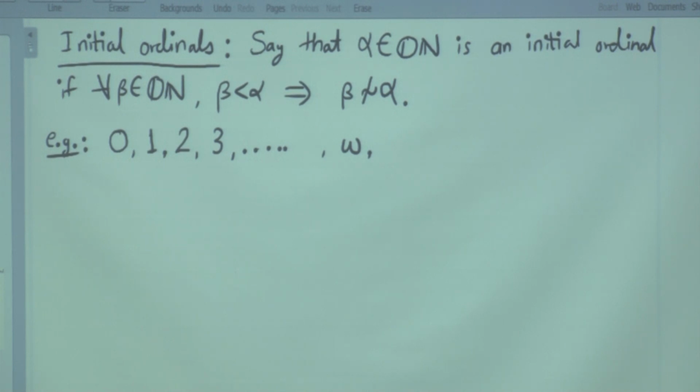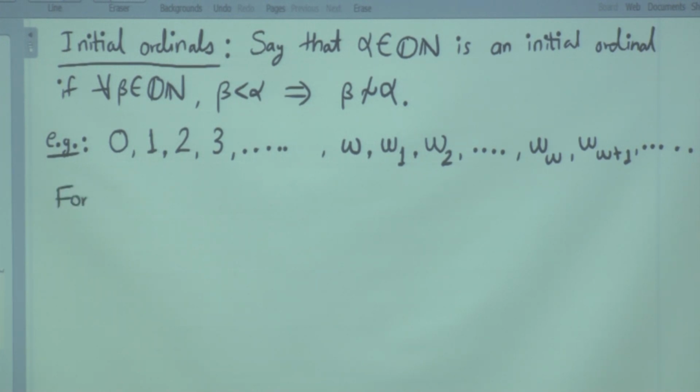So what will be the next element? Omega 2. What will be the next one? And then omega sub 3, omega sub omega, omega sub omega plus 1, and so on.